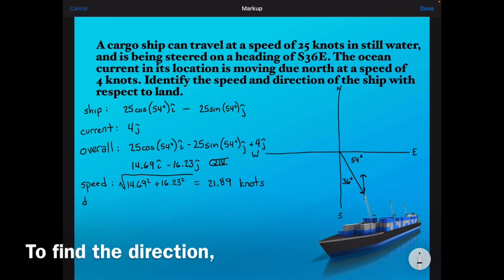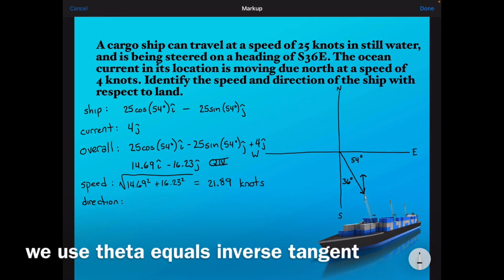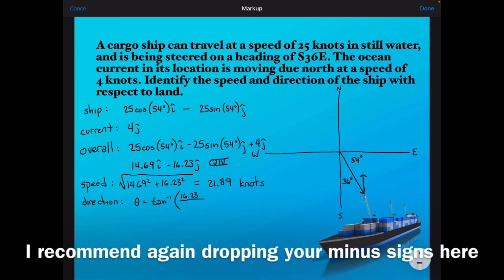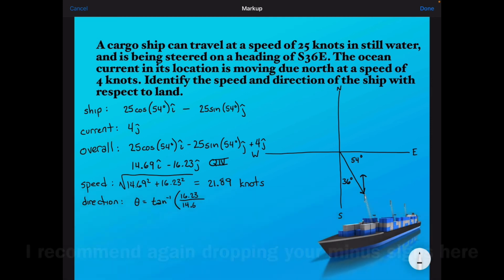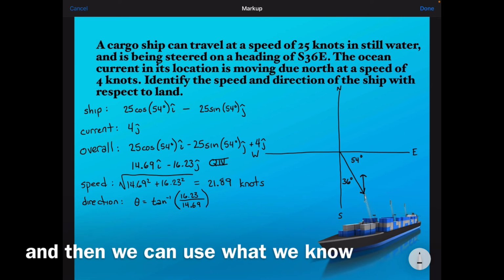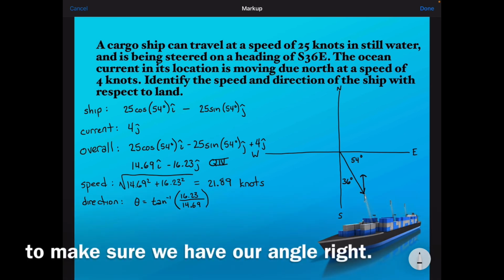To find the direction, we use theta equals inverse tangent of y over x. I recommend again dropping your minus signs here, and that will give you your reference angle. And then we can use what we know about being in the fourth quadrant to make sure we have our angle right.